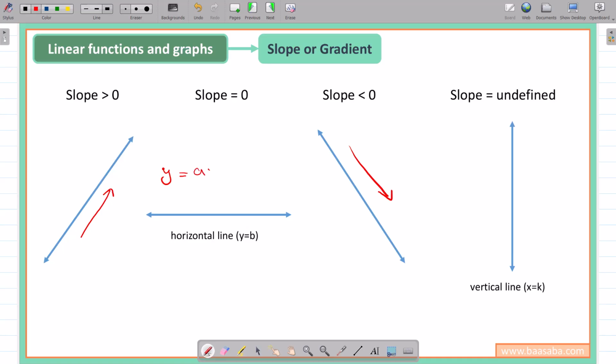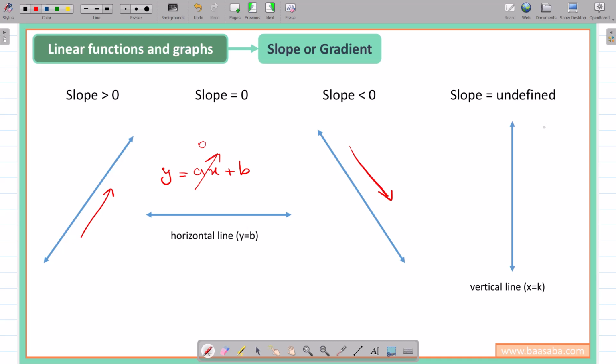It was ax plus b, where a was always our slope or gradient. When it is 0, this term is going to be 0, so we only have b. So the equation will be y equal to b. This is the only case where we don't have an x in our equation for a line. In all other cases, we should have x in the equation.